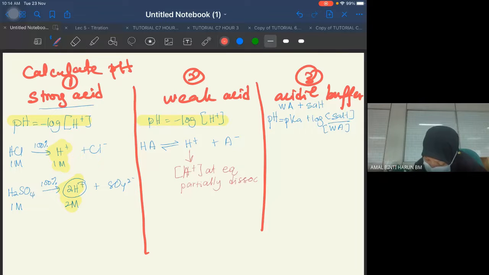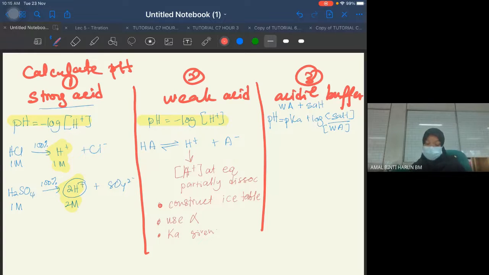Okay, that means you need to construct the ICE table. You need to use alpha to solve the value of x in the ICE table, or you can use the Ka given.